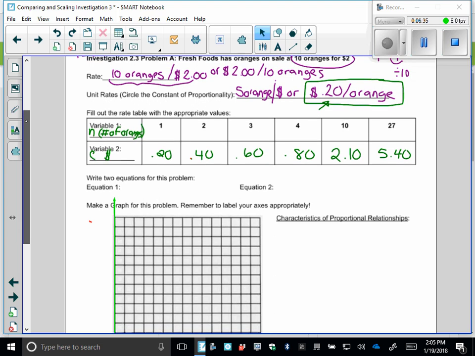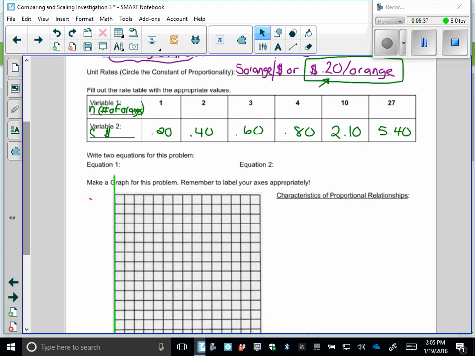So with the table, this fruit, how is it $2? Thank you. So tell me what your equation was, Tyler. Can you make a cost equation?